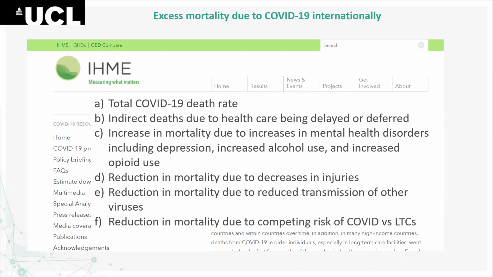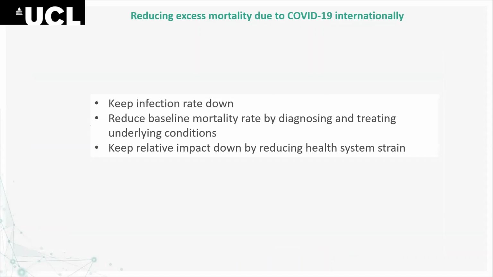So I think these types of estimates around relative impact and infection rate are important on an international scale. But pragmatically, nothing's changed really.